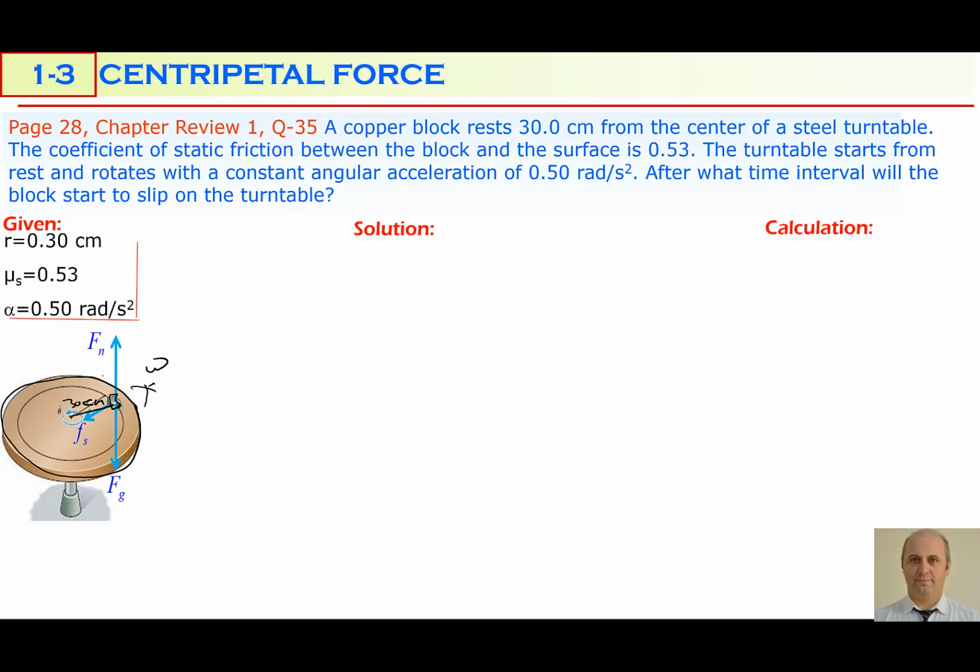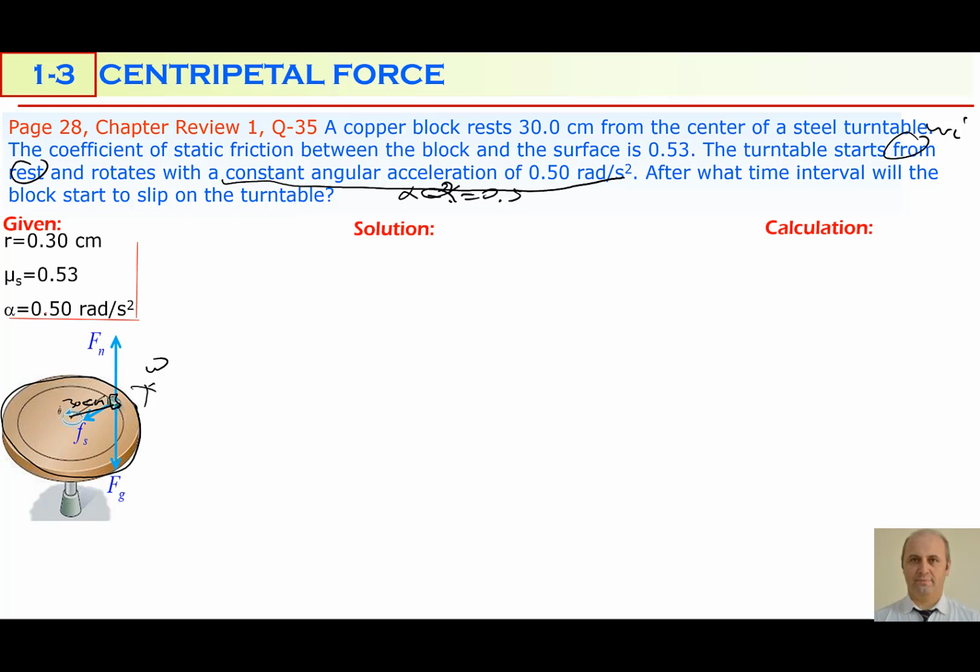The turntable starts from rest, which means the initial angular speed is 0, and it rotates with constant angular acceleration. So the angular acceleration is given as 0.5 radian per second squared, which means this turntable is starting from rest and speeding up with time.